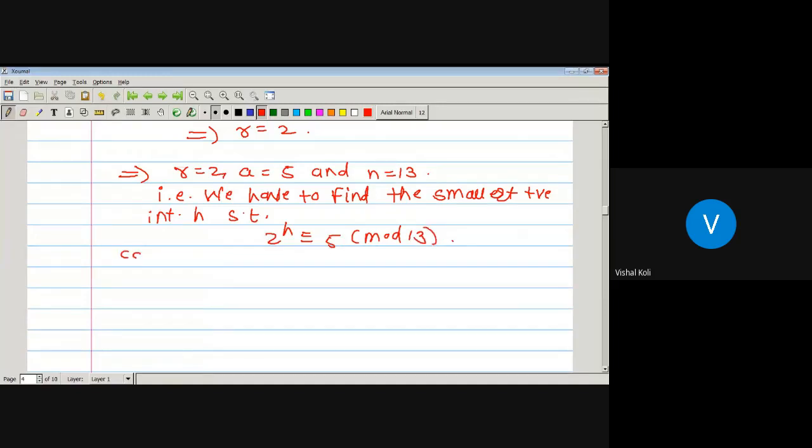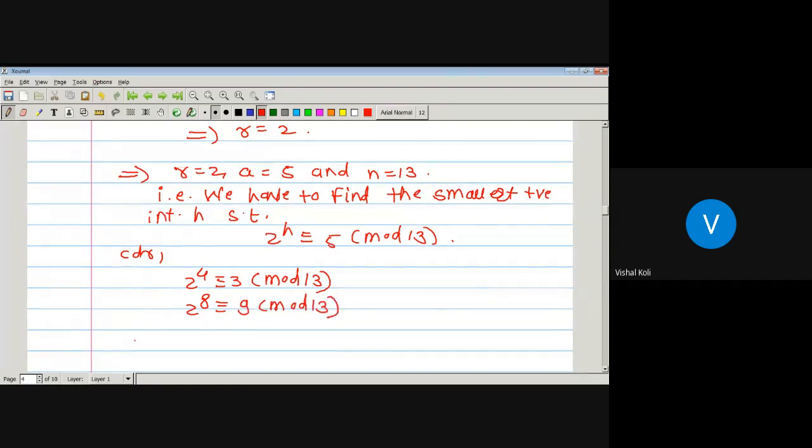So consider 2 raised to 4 is congruent to 16, and 16 over modulo 13 is nothing but 3 modulo 13, which implies 2 raised to 4 square, which is 2 to the power 8, is congruent to 9 modulo 13.